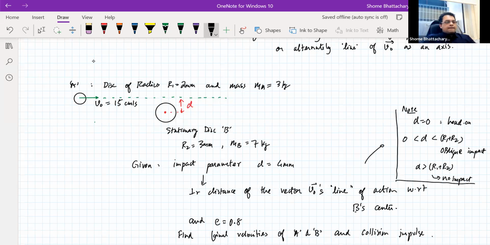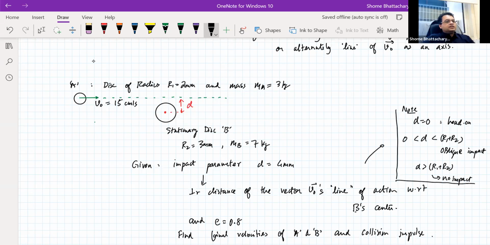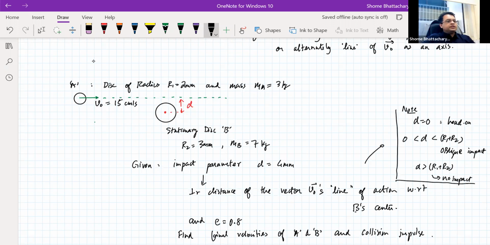Okay. So we can't find beta anyways, right? You'll have to find beta somehow. So again, the hint to you is you have one more piece of information. Coefficient of restitution is given to you. Okay. So see, four pieces of information you require.